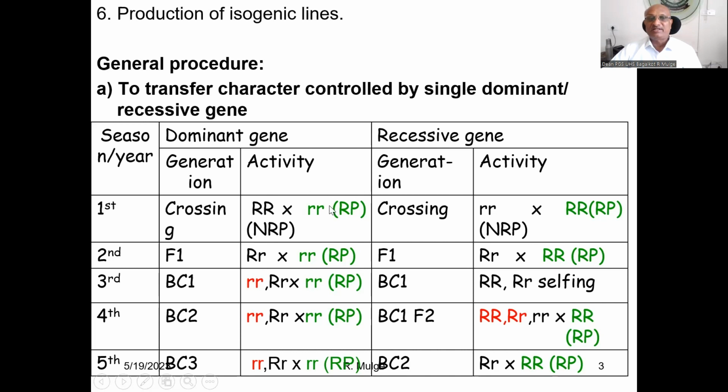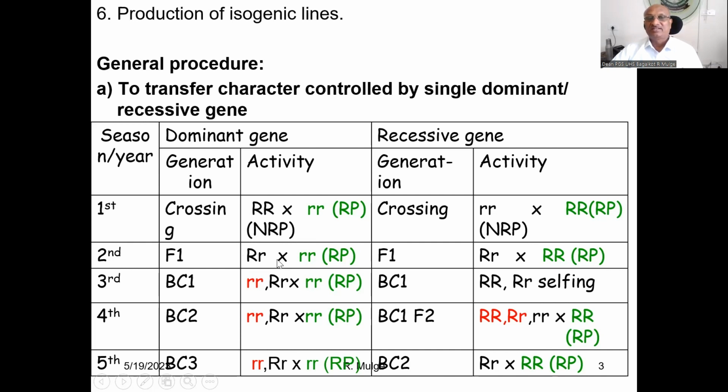So this recipient parent is having all the desired characters except this gene, which is susceptible to disease. One disease we are taking as an example. If you cross these two, homozygous dominant and homozygous recessive, you'll get a heterozygous in F1.